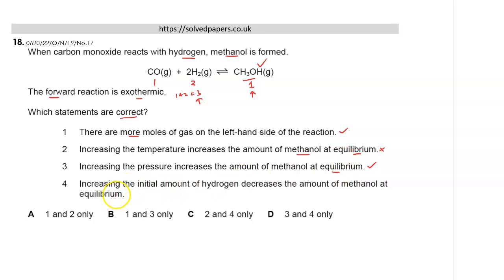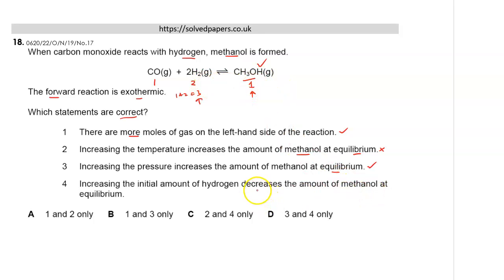Number 4, increasing the initial amount of hydrogen decreases the amount of methanol at equilibrium. Of course, according to Le Chatelier's principle, if you increase a reactant, more of the product will be produced. That is, the equilibrium position will shift in a way to reduce the increased reactant, and therefore more product will be produced.